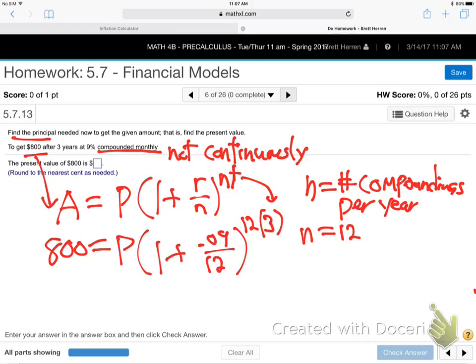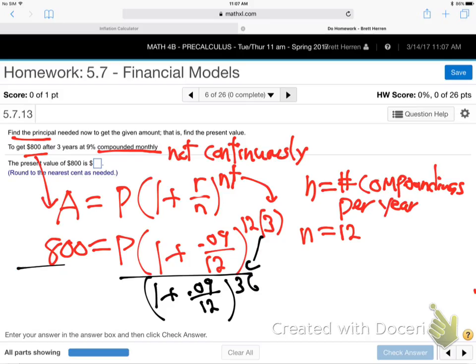So now, how am I going to solve that for P? I've got to divide by that big old parenthesis chunk, don't I? So 1 plus 0.09 over 12. I'll just make that power 36 there, make it easier to type into my calculator. Boom, like that, right?